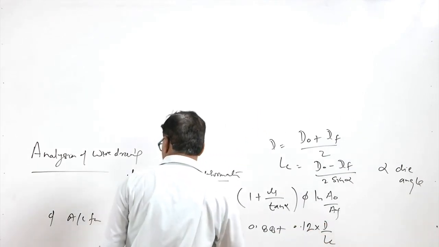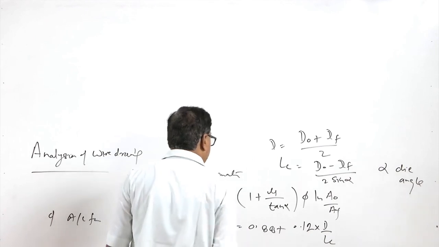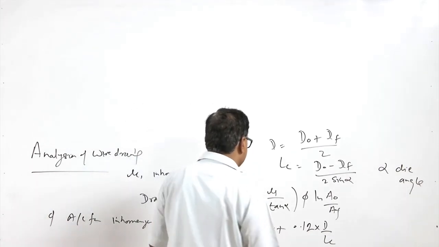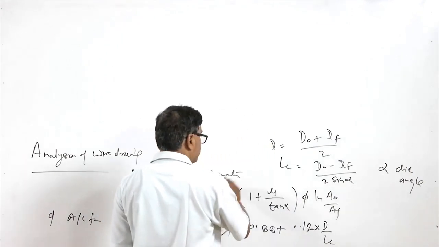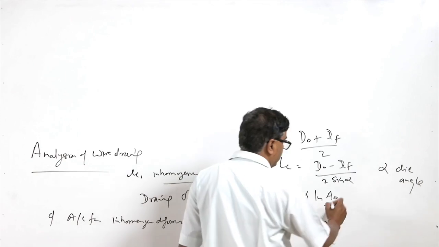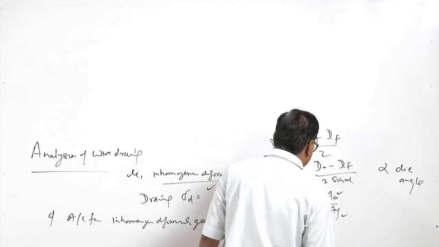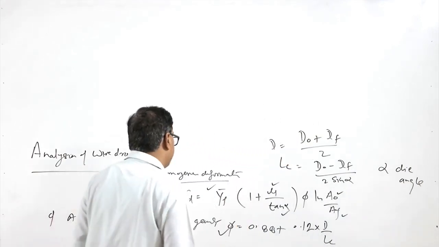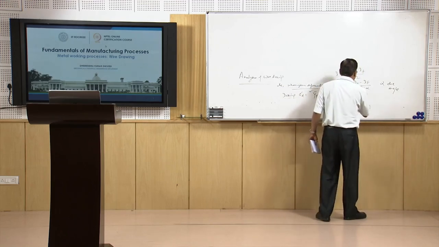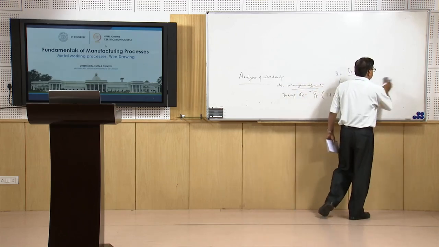So, this is what is used for calculating the phi, which accounts for the inhomogeneous deformation geometry, and the rest of the parameters are known, like average flow stress, mu the friction coefficient, alpha the die angle, and the initial and final cross sectional area, and phi we can calculate. So, this can be used for determining the drawing stress.